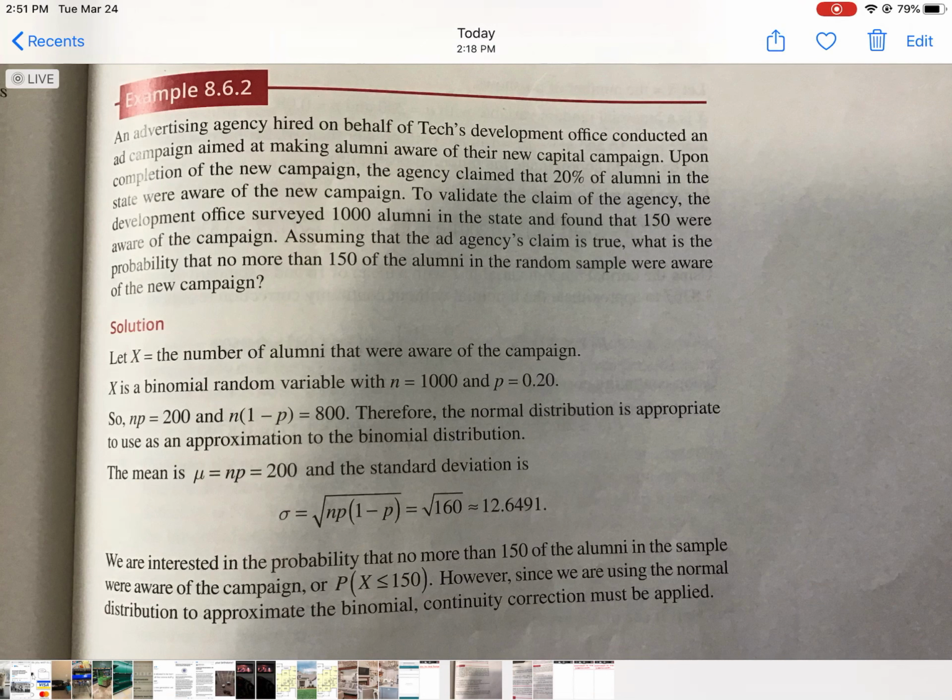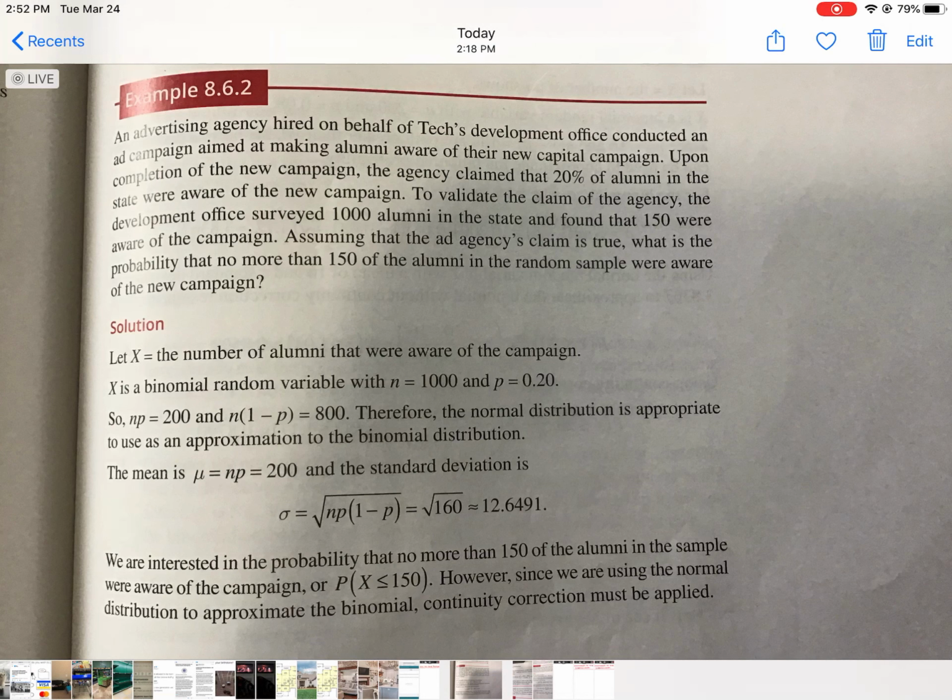To validate the claim of the agency, the Development Office surveyed 1,000 alumni, so the number of trials, n, is 1,000, and found that 150 were aware of the campaign. Assuming that the ad agency's claim is true, what is the probability that no more than 150 of the alumni in the random sample were aware of the new campaign?